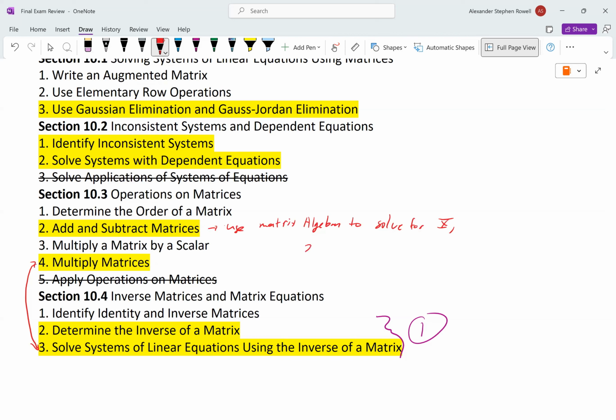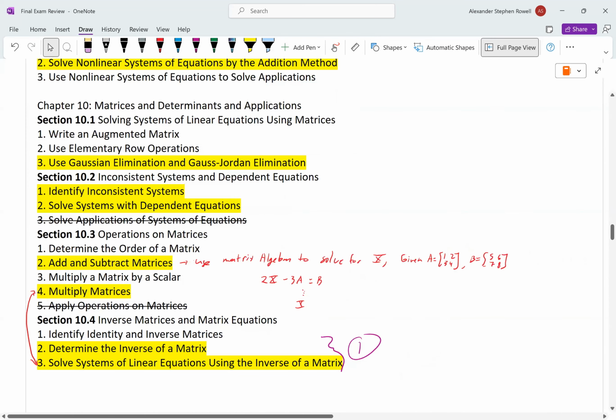And I might have 2x minus 3a is equal to b, and then can you solve for x? And plug in, if I give you a and b. Given a is equal to 1, 2, 3, 4, b is equal to 5, 6, 7, 8. That type of question. So I'm just going to go through these topics, and then let me know if there's one that you want to study thoroughly.